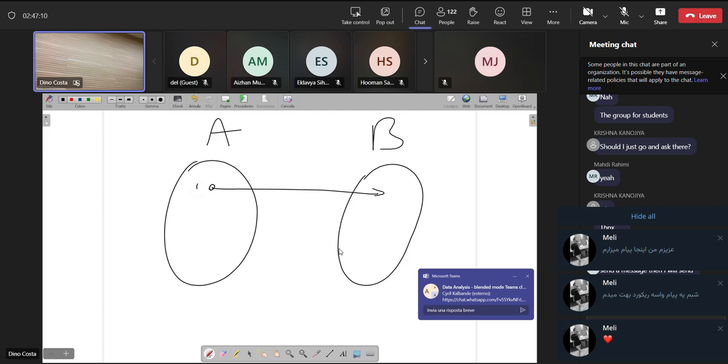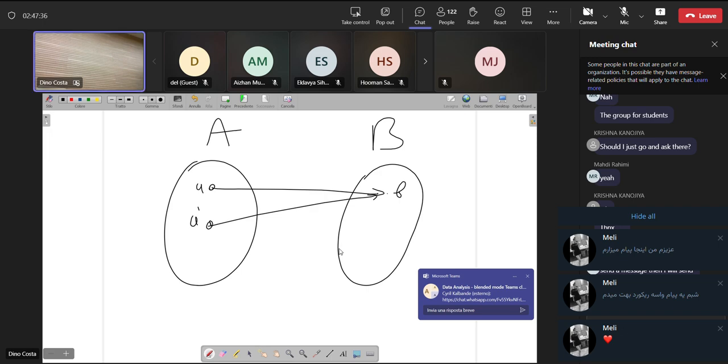This seems to be a nice representation of a function, because a function takes an element and maps it to another. But pay attention, it is possible when we consider a function to have this.